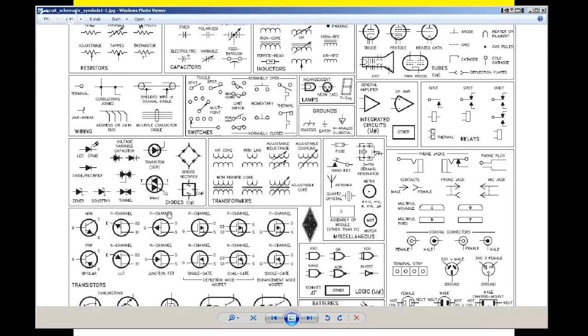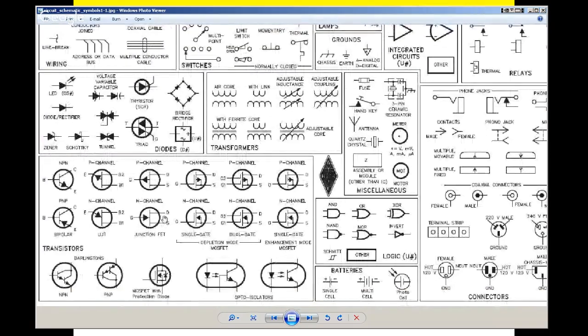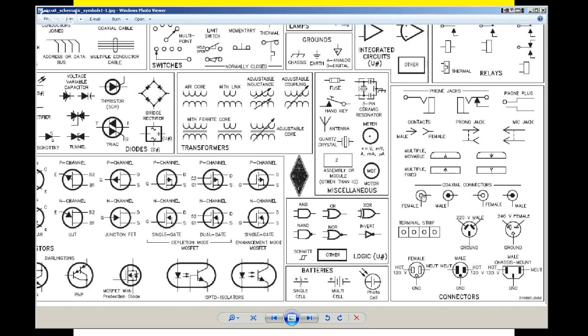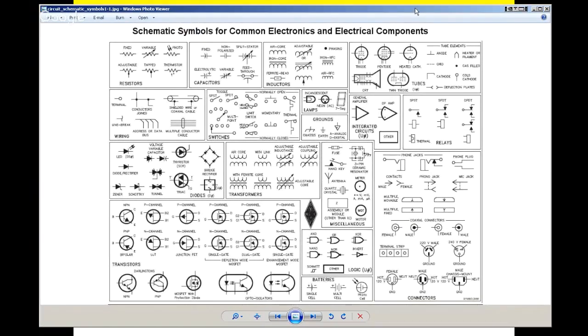We're not really going to cover those tonight at all. The different types of transistors that are available, and then logic circuits within an integrated circuit or an IC, battery symbols, and different types of connectors. So that's a helpful little chart for you to latch on to and utilize.